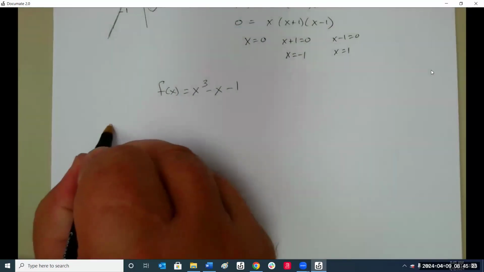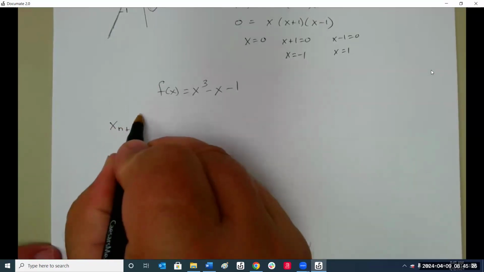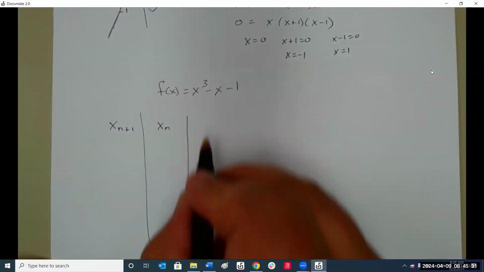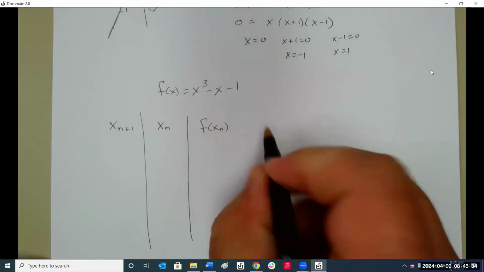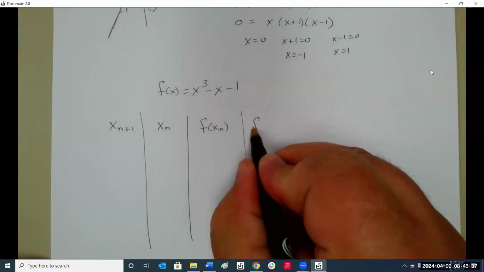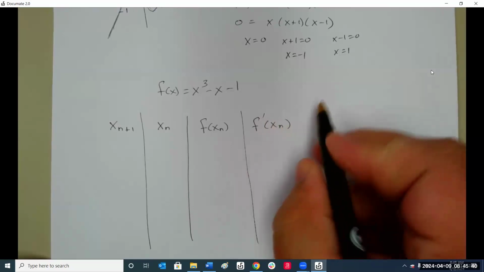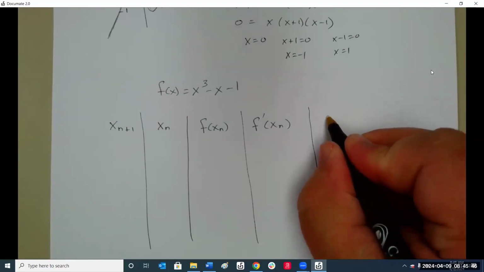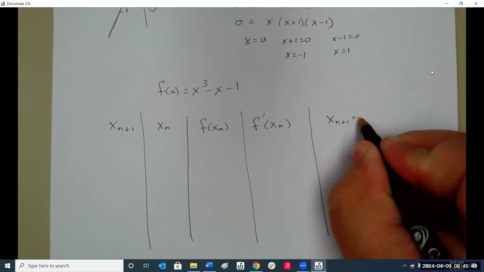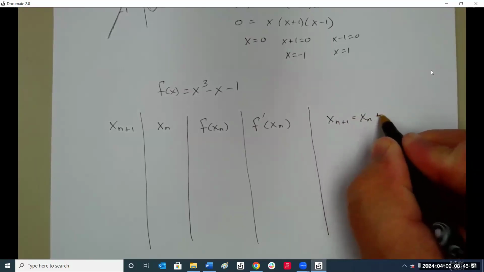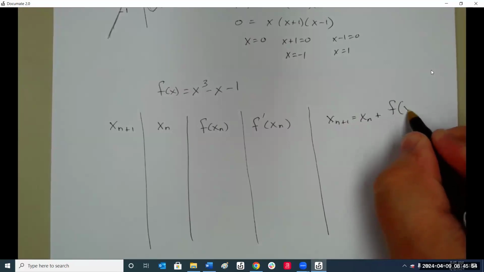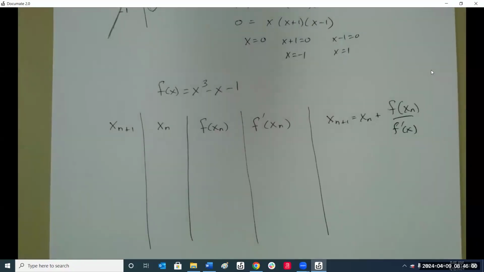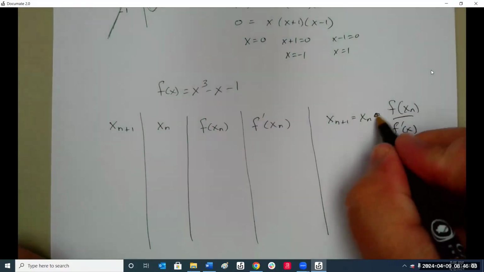Remember, we have x sub n plus 1, x sub n, f of x sub n, f prime of x sub n, and then x sub n plus 1 equals x sub n plus f over f prime. Let me get to that table. Oh, it's minus, I'm sorry, because we're getting smaller.